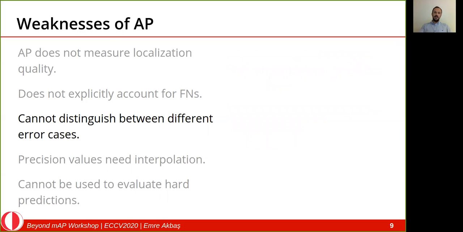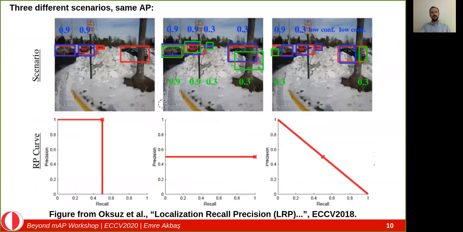AP cannot distinguish between different error cases, and these are certainly connected to the first two weaknesses. Let me illustrate this with an example here. Here we see three different sets of detections for the same image, hence for the same ground truth.